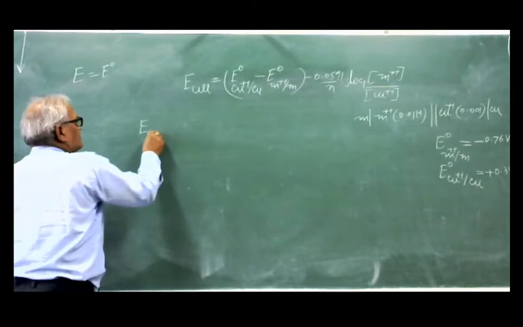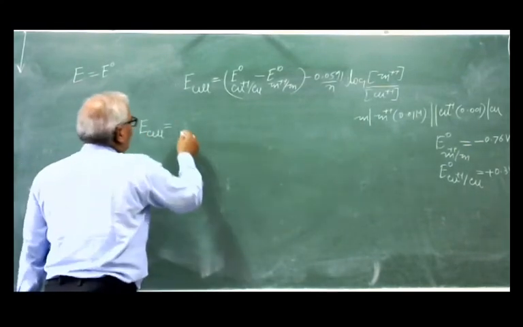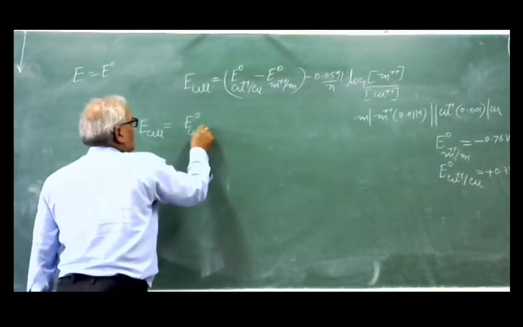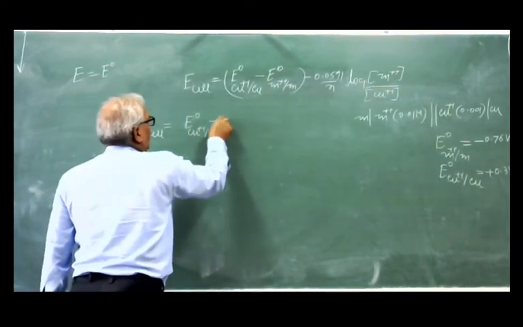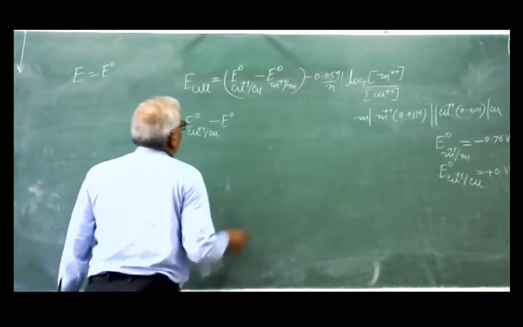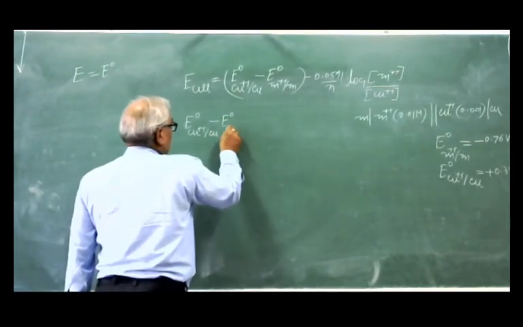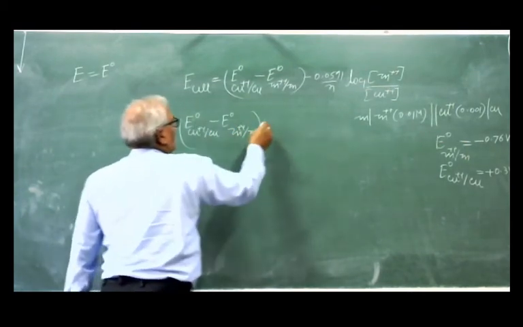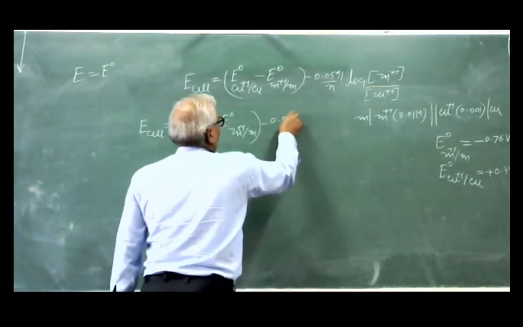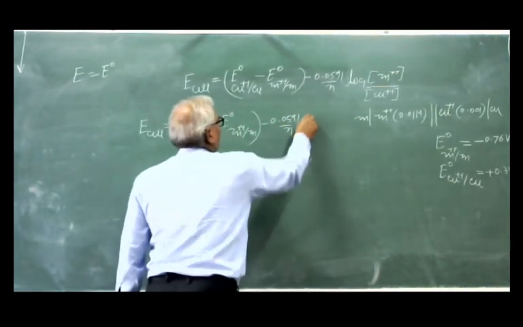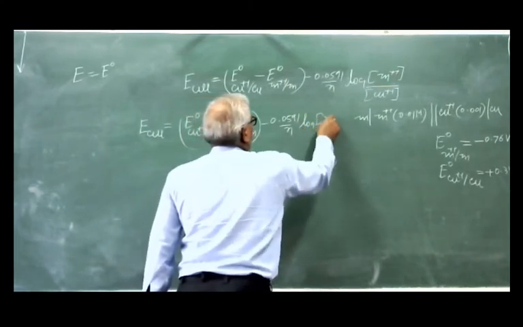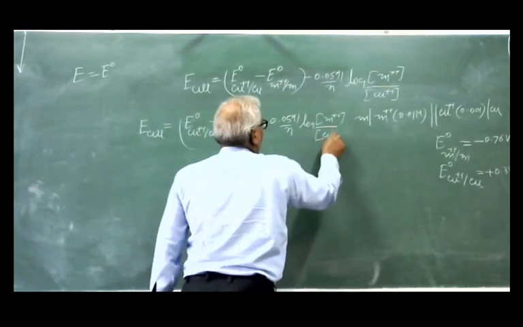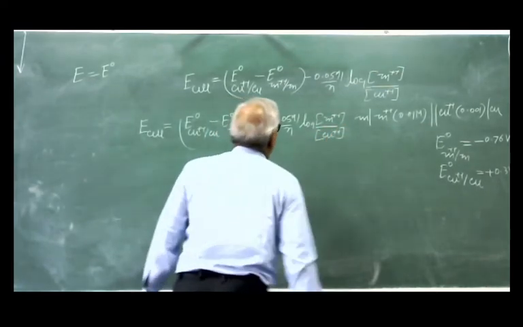EMF of the cell is equal to E0 copper ion to copper minus E0 zinc ion to zinc minus 0.0591 upon n log zinc ion concentration upon copper ion concentration, like this.